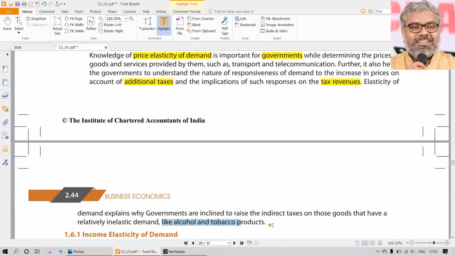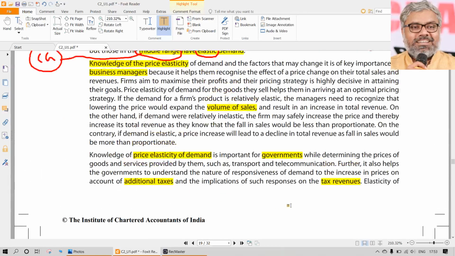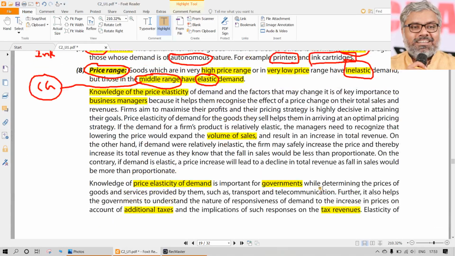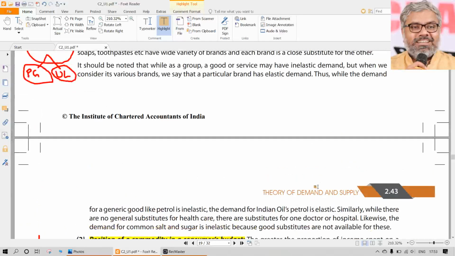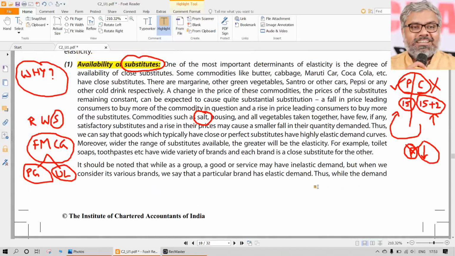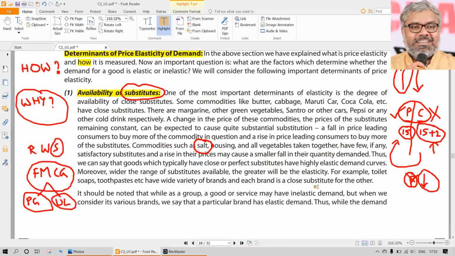For example, alcohol or tobacco products have relatively inelastic demand naturally. For them, the governments will impose additional taxes and increase their tax revenues. Like this, understanding the elasticity of demand, the nature of the product, and how the elasticity of demand of this product is going to be influenced is a very important practical consideration.